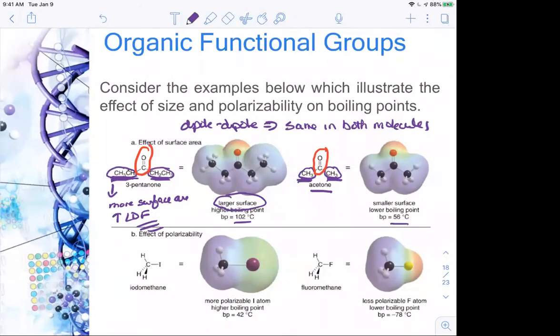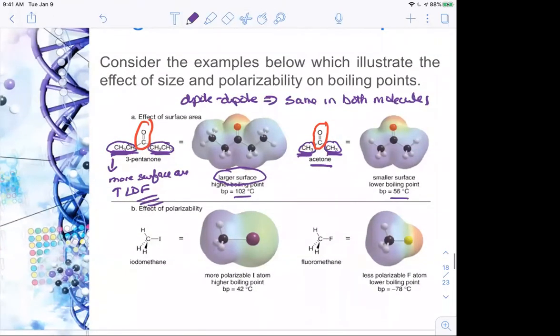And that's a pretty significant change. Adding those two carbons brings it from a boiling point of 56 to a boiling point of 102. Here's another example. This is a halogen, but it's iodine, so it's a larger, more polarizable atom.